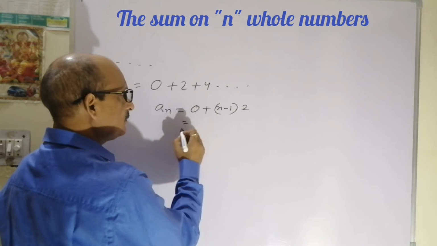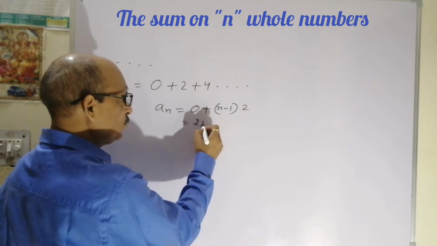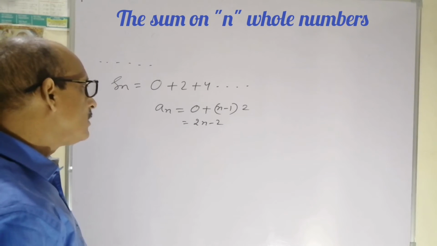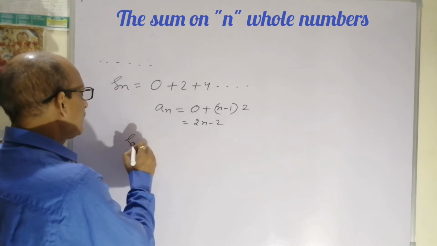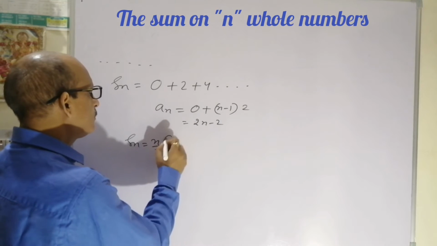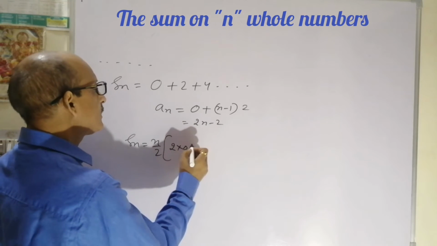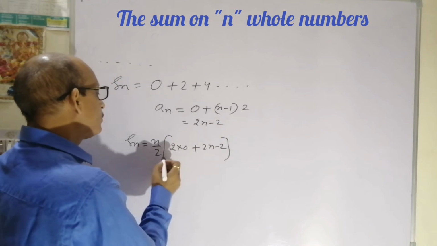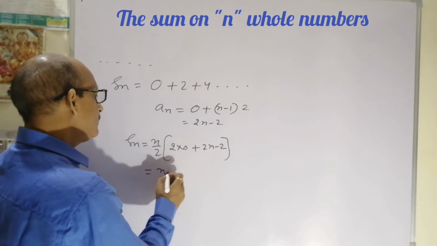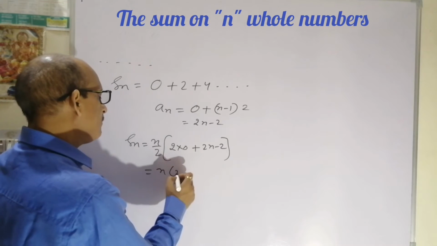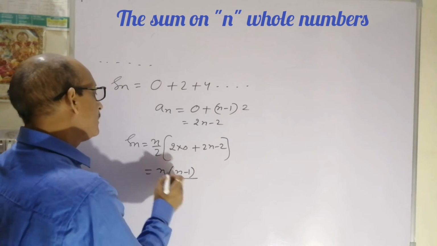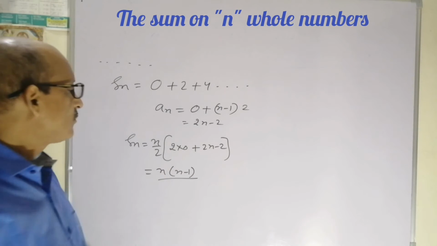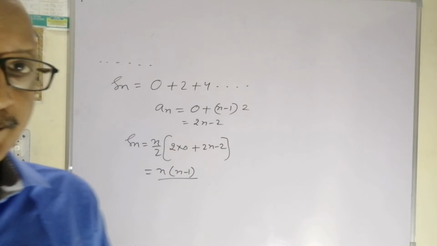So this will become 2n minus 2. an is 2n minus 2. Now we have Sn, that is equal to n by 2 into 2a, which is 0, plus 2n minus 2. So again we have n into n minus 1 upon 2, taking 2 common, we have cancelled it. n into n minus 1. That's all for it.